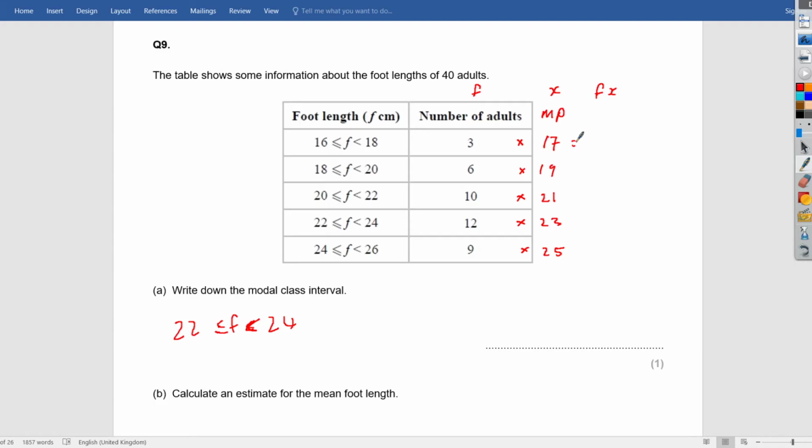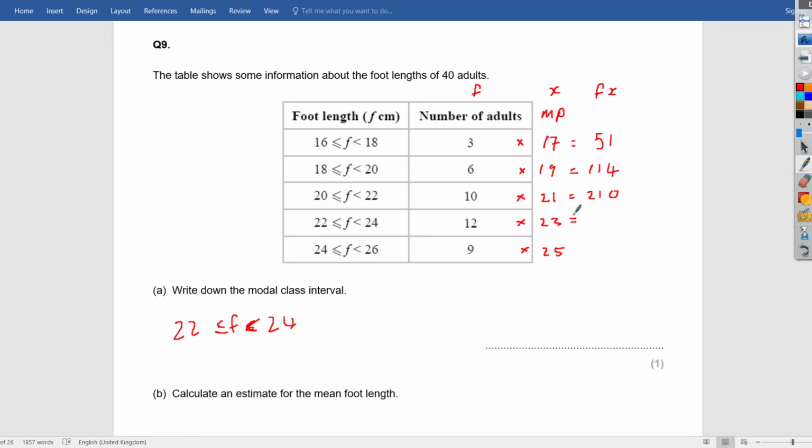If you do 3 times 17, you get 51. 6 multiplied by 19, you're going to get 114. 10 times 21 is 210.